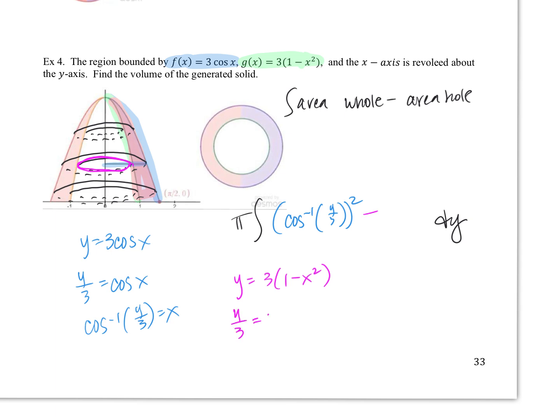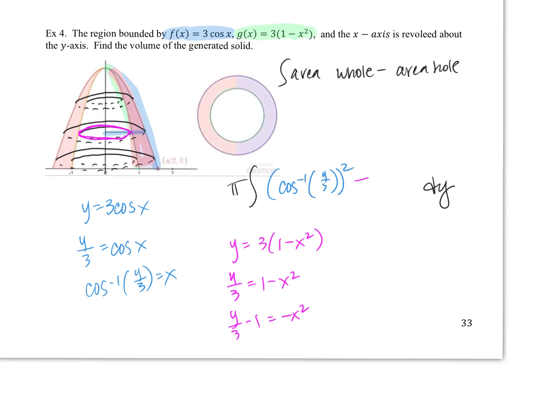Subtract 1. Then divide by -1. Negative y over 3 plus 1 is positive x squared. What would x be? The square root of that, right? Negative y over 3 plus 1, rooted. That inner function, the hole, has a radius of this. So pi whole squared minus pi root squared. Bounds will be 0 to 3.